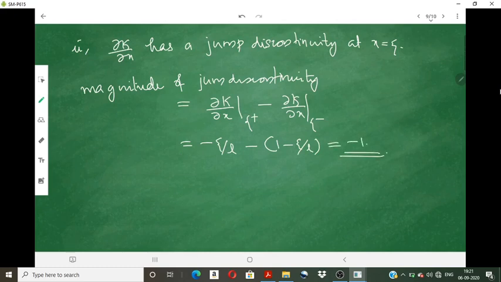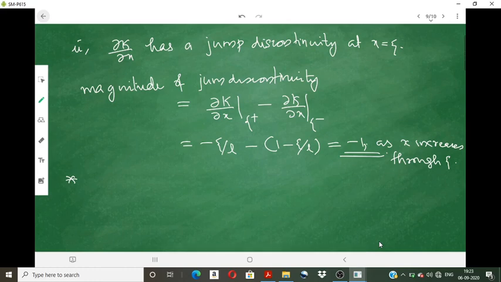So this has a jump discontinuity of magnitude minus 1. Thus, we have seen that ∂k/∂x has a finite jump discontinuity of magnitude minus 1 as x increases through theta.